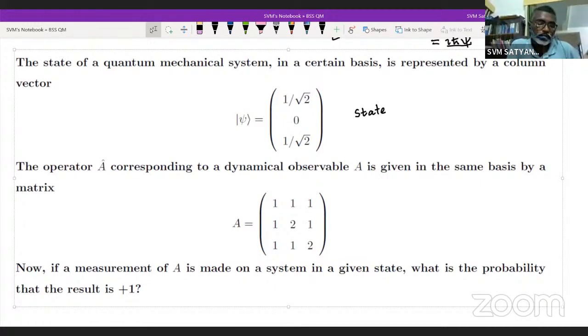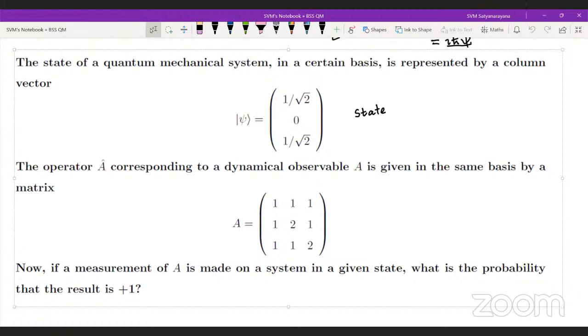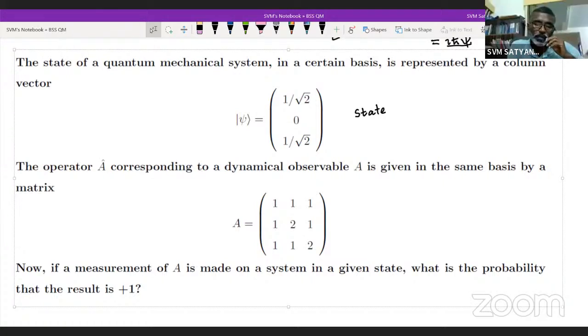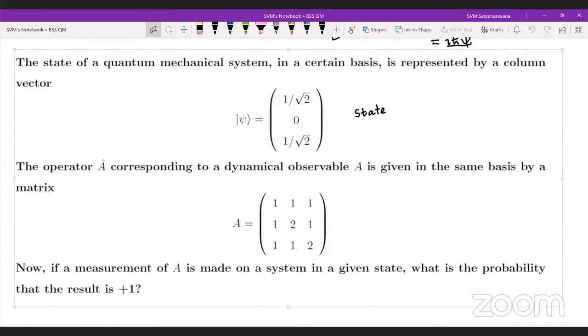Devismita? Yes, sir. So what are you thinking? I haven't dealt with matrix wave function for operators, so I'm thinking how to relate it with the conventional way.